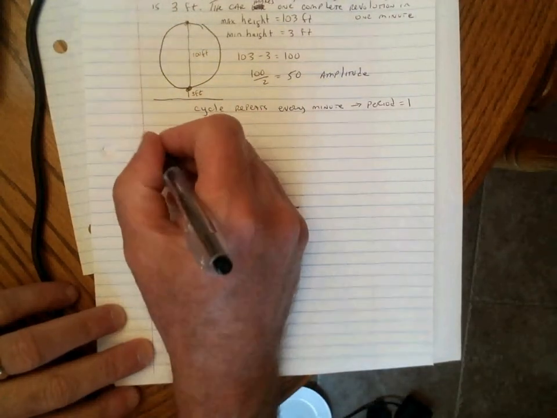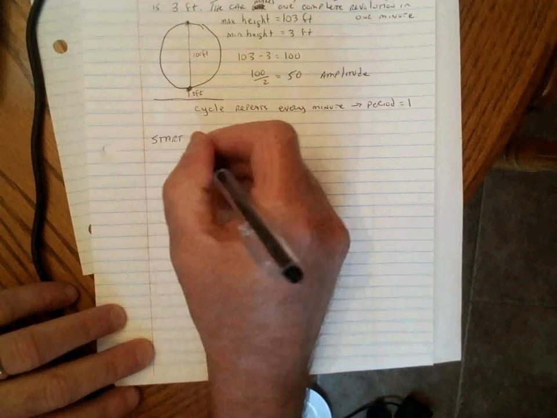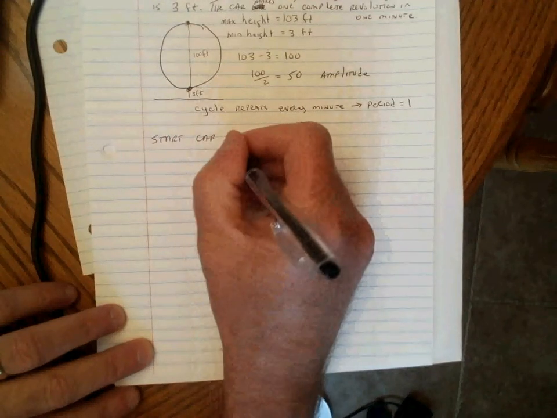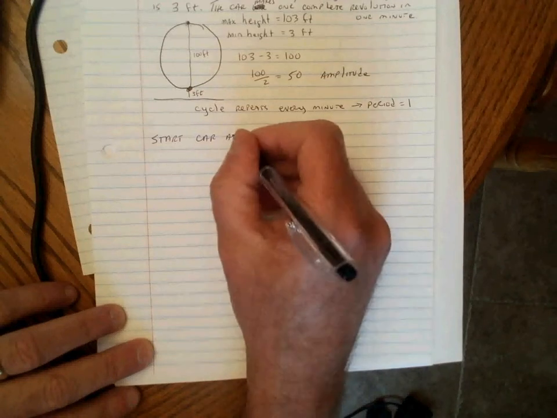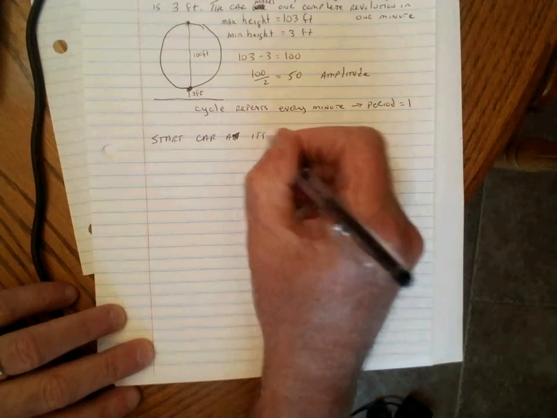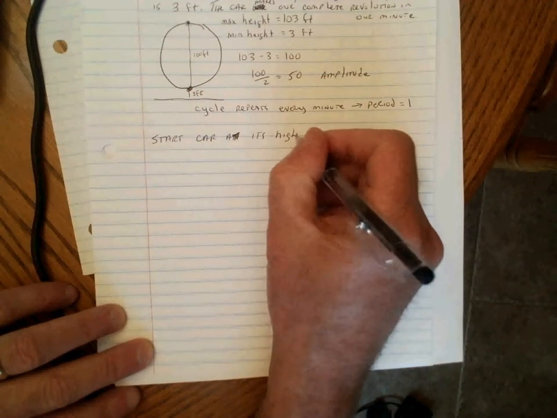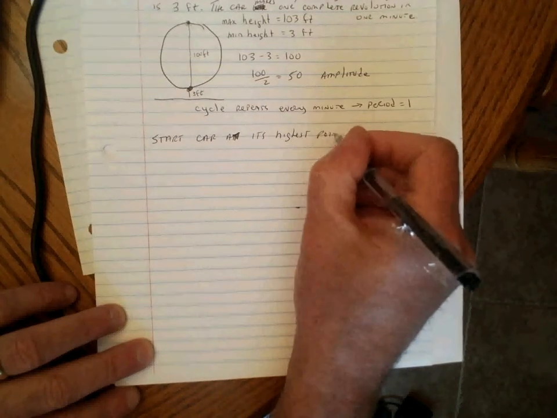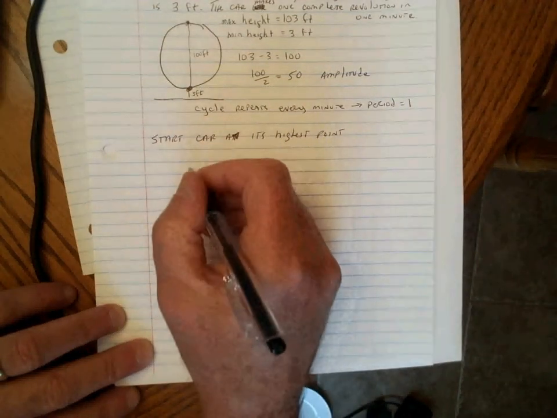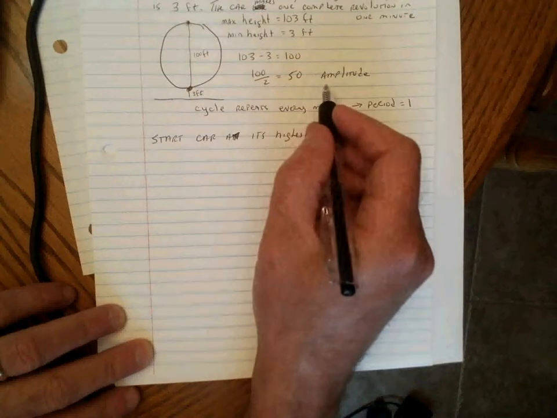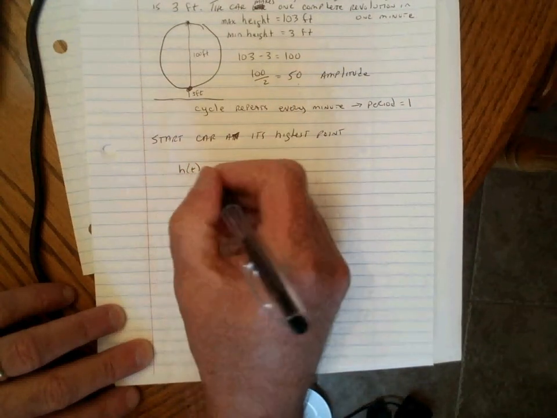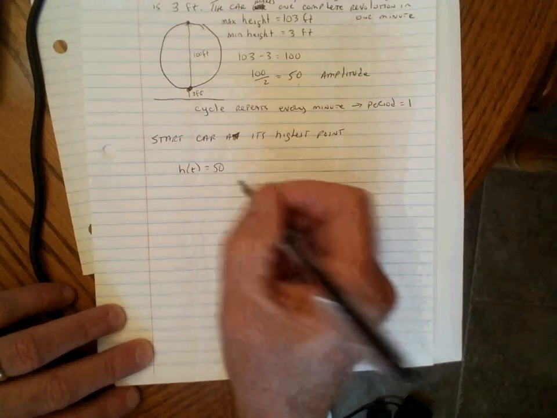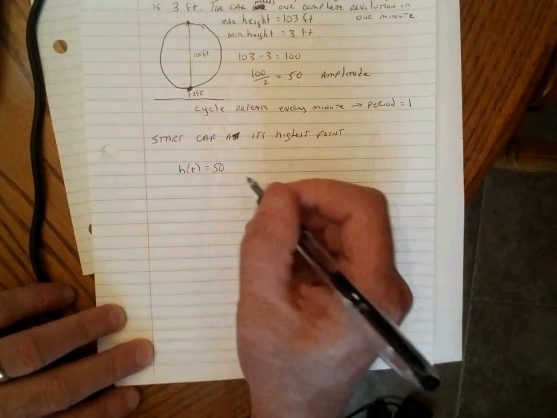Let's start this function with the car at the highest point. Then we know the amplitude is going to be 50, so for this function, let's call it h of t, it's going to be 50.